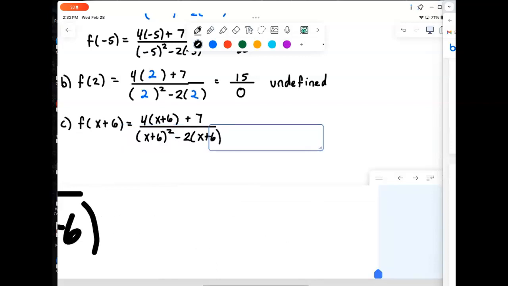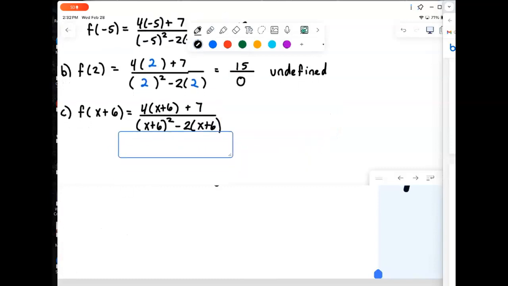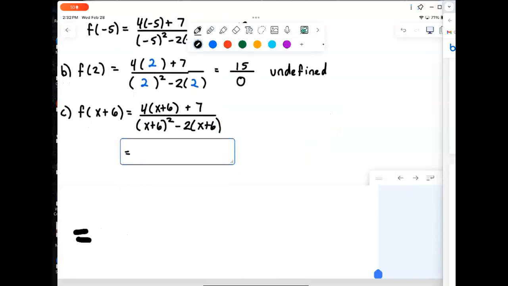And now we just have to go through and do the algebraic work of simplifying this stuff. So instead of having some numerical answer, here we're very likely going to have some algebraic expression.